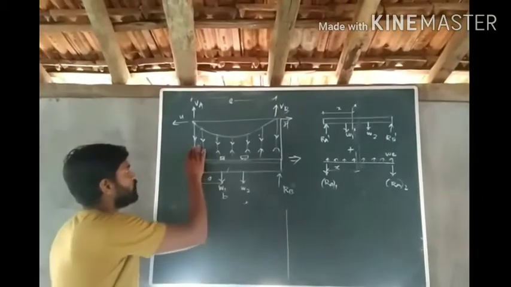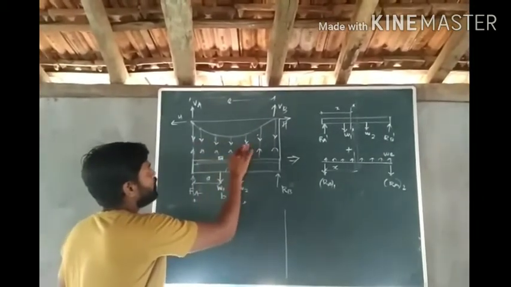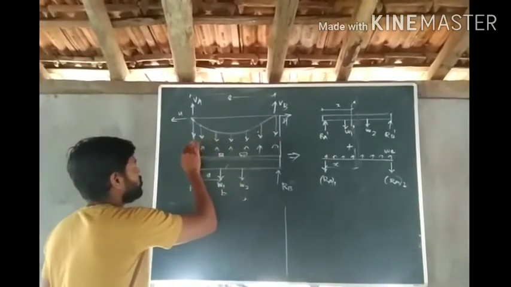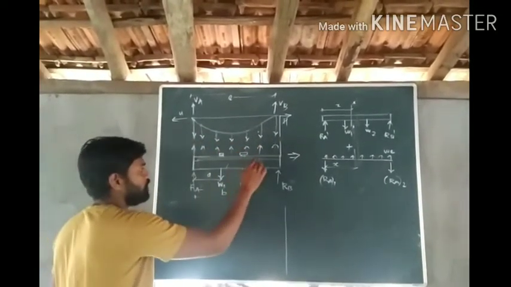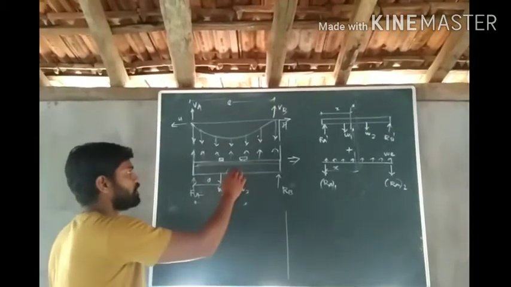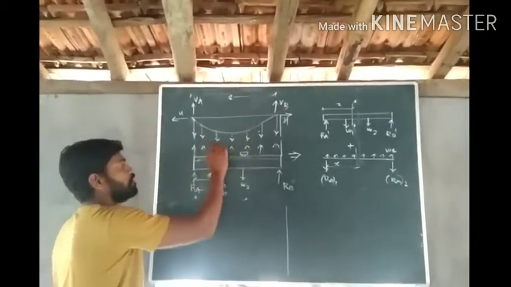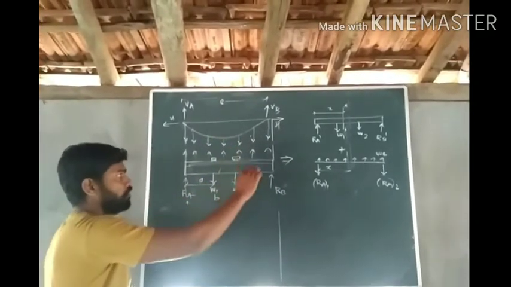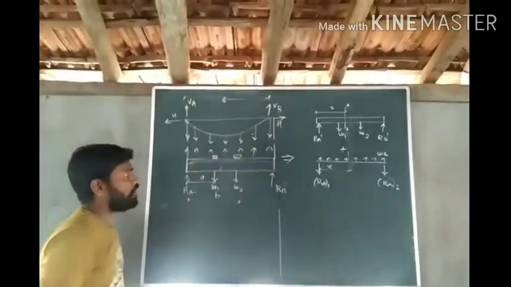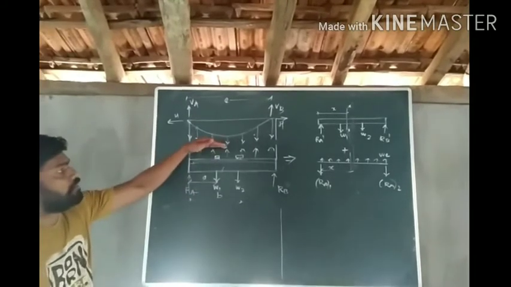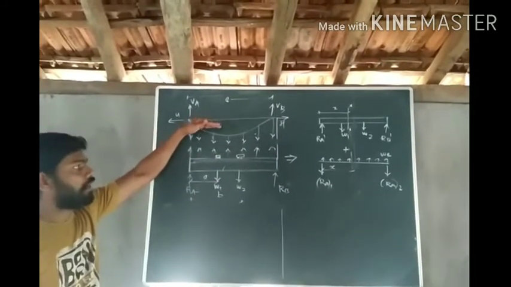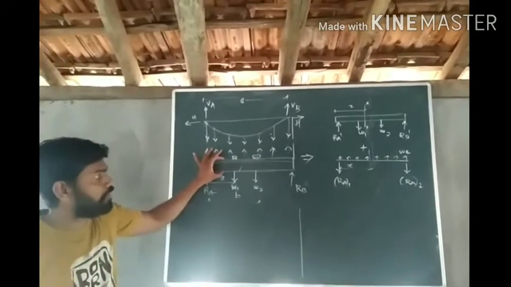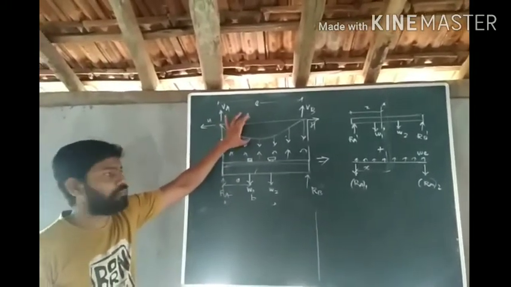In a suspension bridge problem, you will be asked to find out the shear force in the stiffening girder, the bending moment in the stiffening girder, and the tension in the suspension cable as well as its slope. Now I have separated the suspension cable and the stiffening girder.